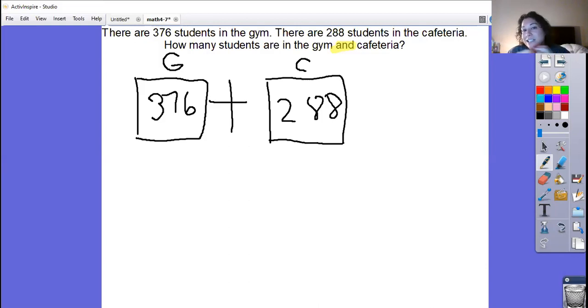We could also consider that the gym is one of those things that has students inside of it, and the cafeteria is another thing that has other students inside of it. A is the action. We're joining those two things. And then of course we focus on the question to make sure we answer it: how many students are in the gym and cafeteria? So we're going to answer that question by doing 376 plus 288.